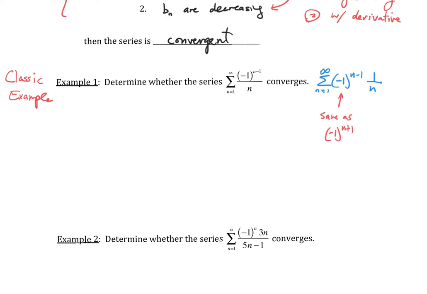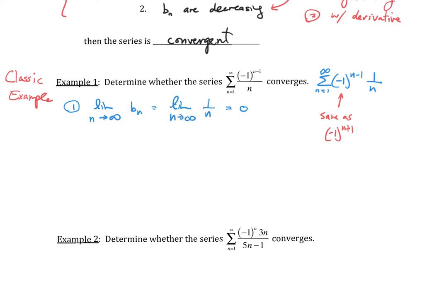The first thing we're going to do is calculate a limit of the bn's. So if you take the limit as n goes to infinity of bn, that's really the same thing as saying the limit as n goes to infinity of 1 over n.